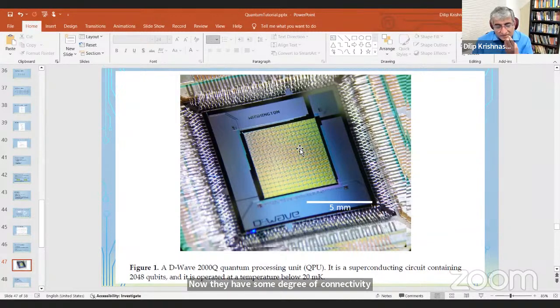So in terms of how many edges there are, if every qubit is a node in a graph, the degree of the node is how many connections it has to other qubits. Now it's possible that you might be trying to solve a graph problem which has more connectivity than is physically available.